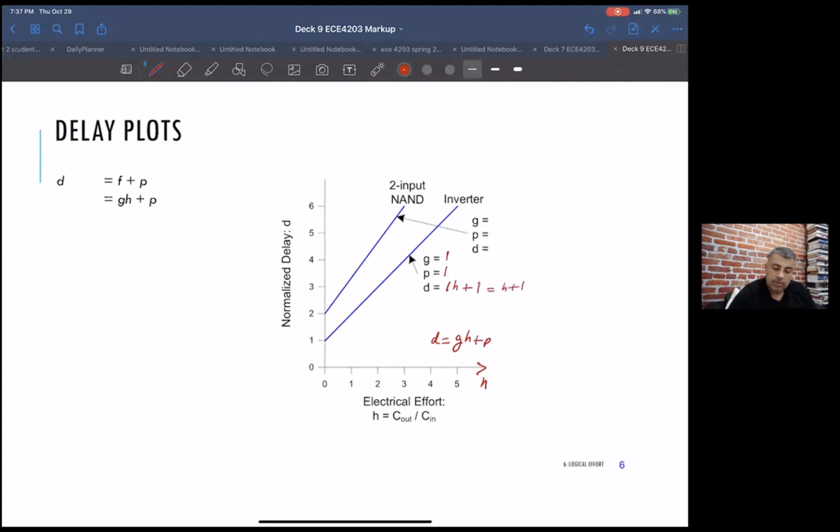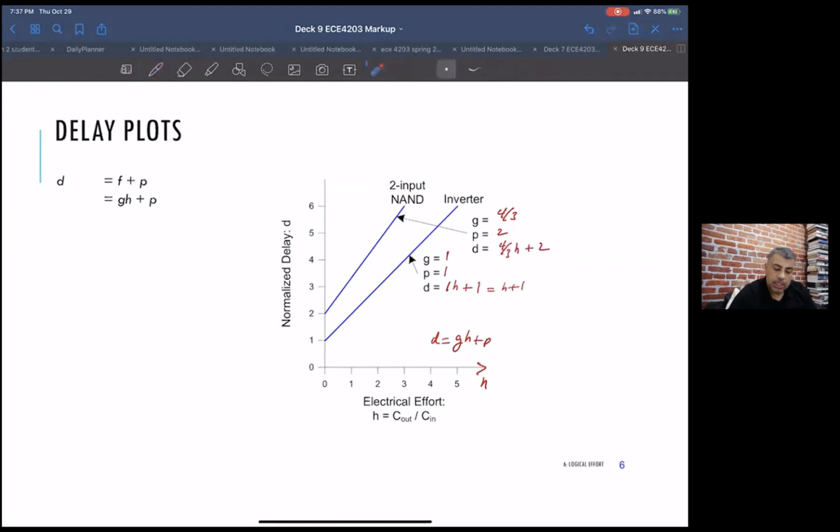And here G we just calculated was 4/3 for the 2-input NAND gate. P was 2. So basically D ends up being 4/3 H plus 2.